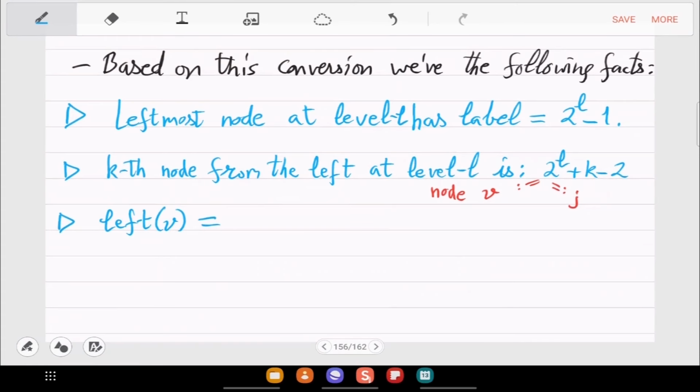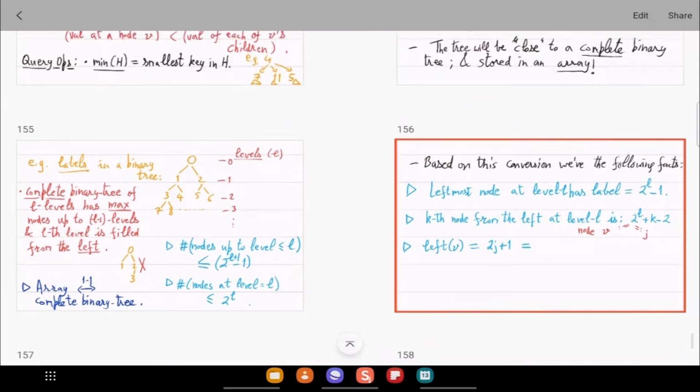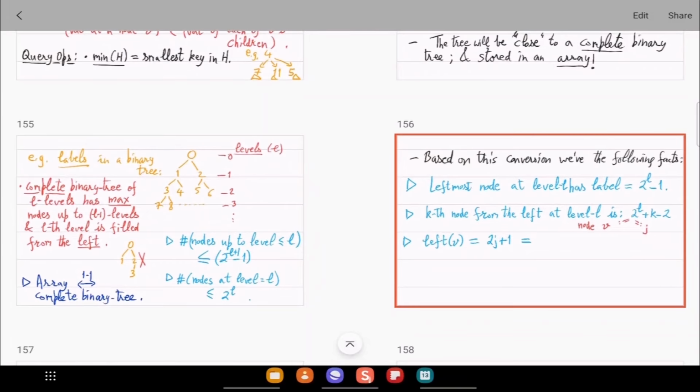So let's now look at the left child of this node V, numbered J. So what is that? Yeah, so it is 2J plus 1. With J, this is easy to verify. You can just manually verify that left child of 2 is 5, so it is 2 times 2 plus 1. Right, and that formula holds true everywhere.